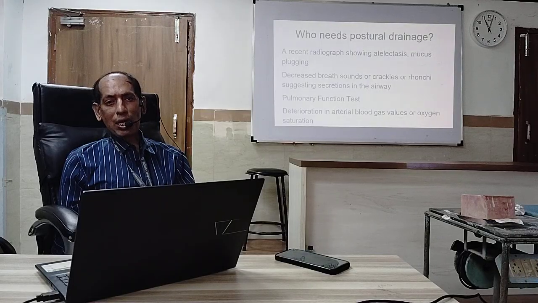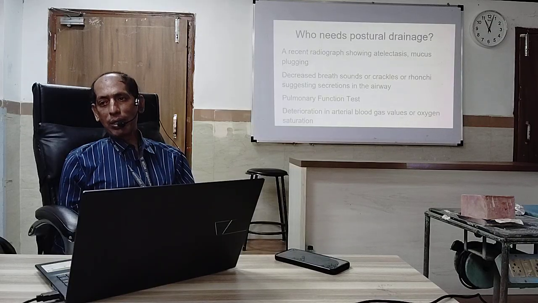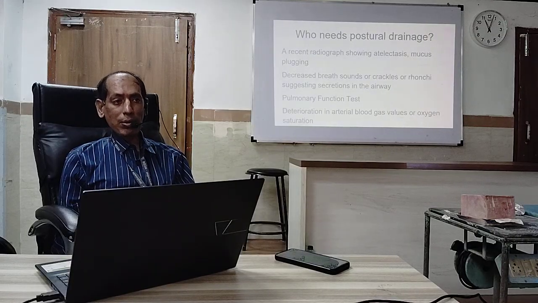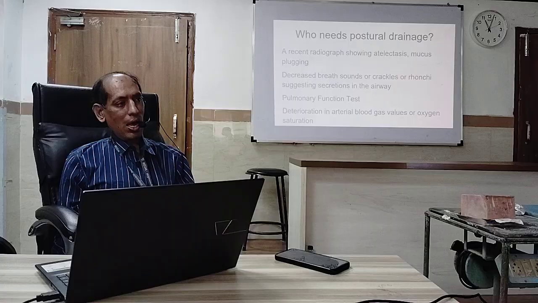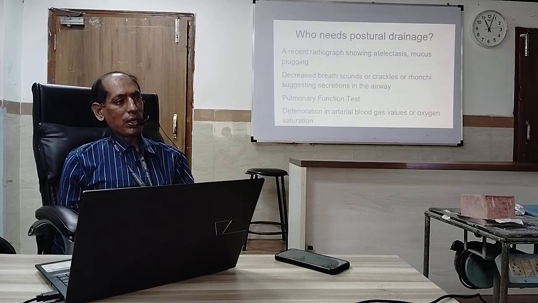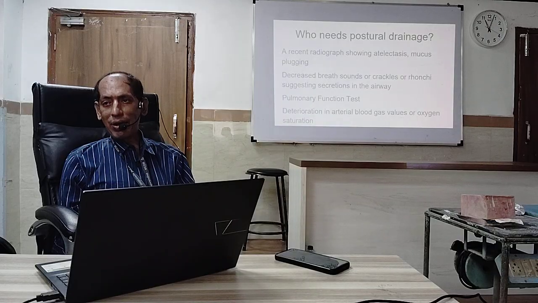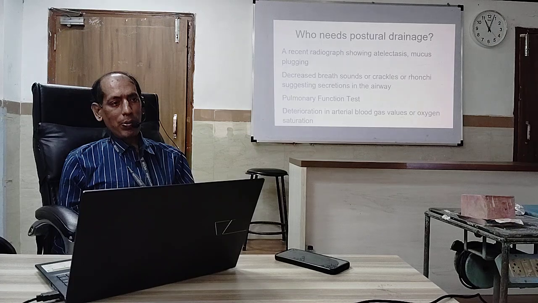If the saturation comes down to 91-90, you are said to be mildly hypoxic. If the saturation comes to less than 60, you are severely hypoxic. 80-70 is missing; 80-70 is called the golden period.